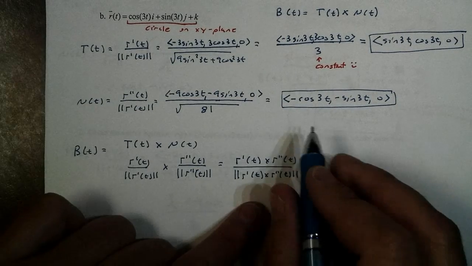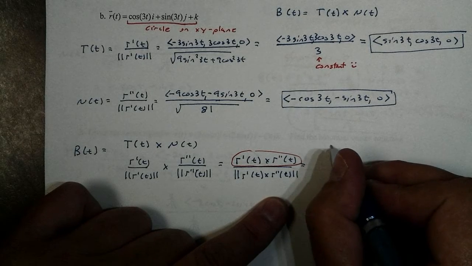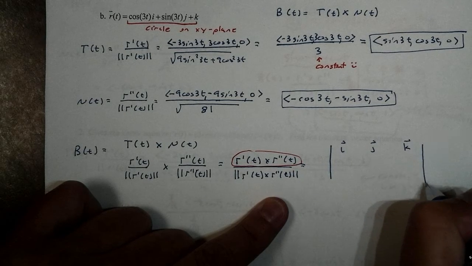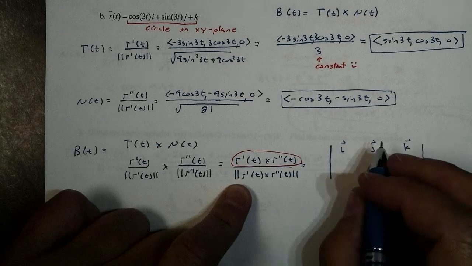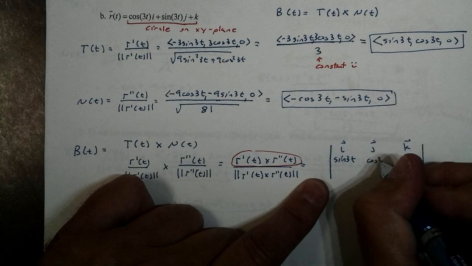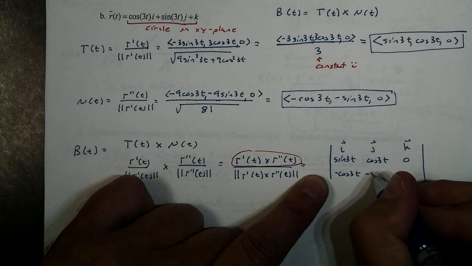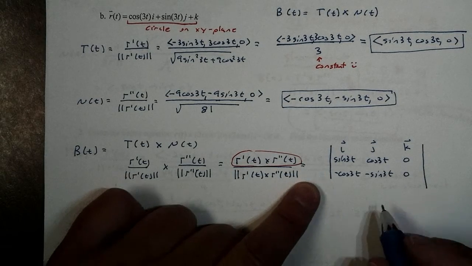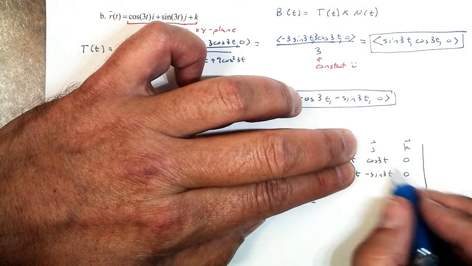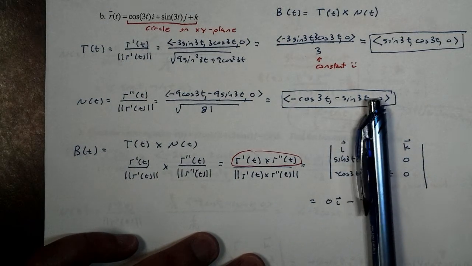So our rule, first, find that cross product. To do that cross product, i, j, k. Just kidding. So we're going to get sine 3t, cosine 3t, 0, negative cosine 3t, negative sine 3t, 0, and figure out what this is. If I cover the i's, look what I get: 0, 0. So I get 0 i's minus, cover the j's, 0 j's.